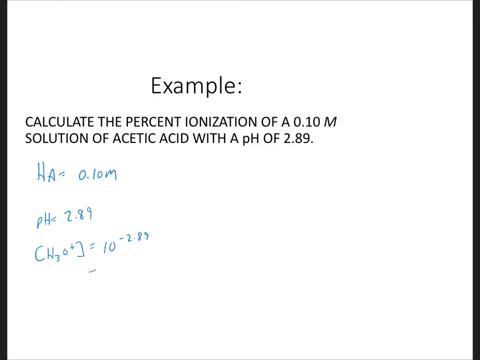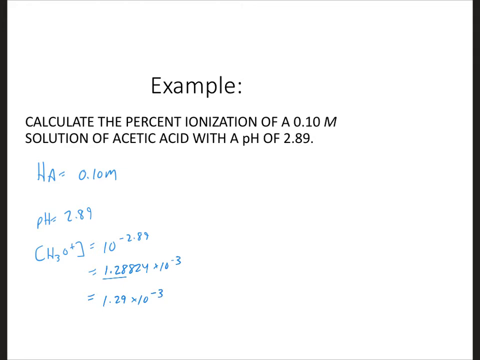Our calculator will tell us that that hydronium ion concentration is something like 1.28824 times 10 to the minus 3. This doesn't care about our sig figs. Let's make it a more appropriate number of sig figs. Round that up to 1.29 times 10 to the minus 3. And so that would be our hydronium ion concentration.